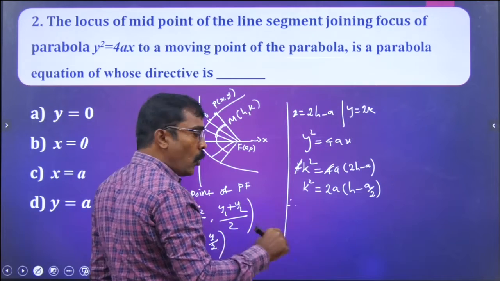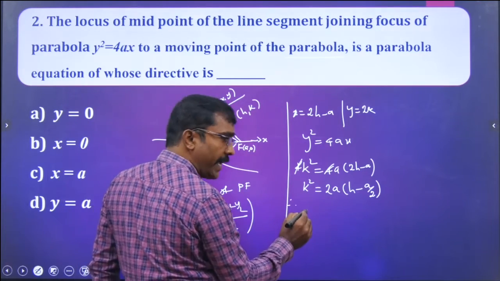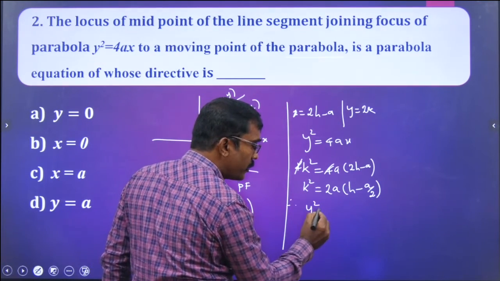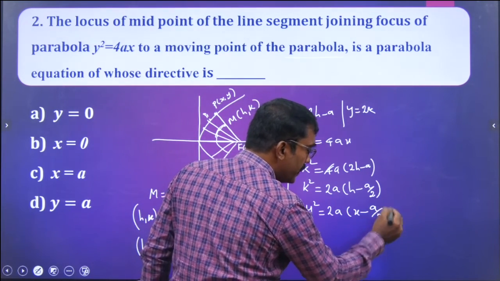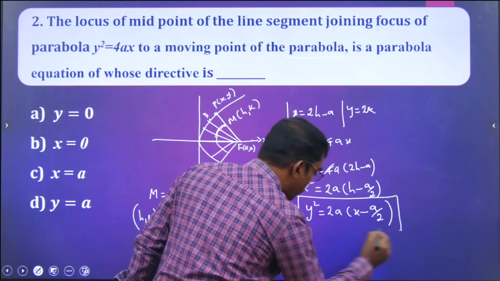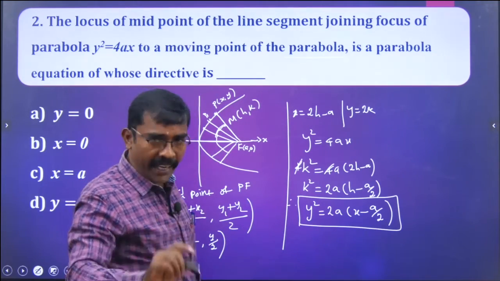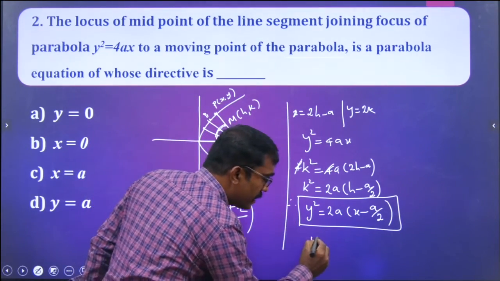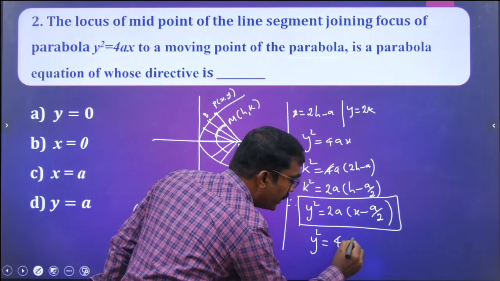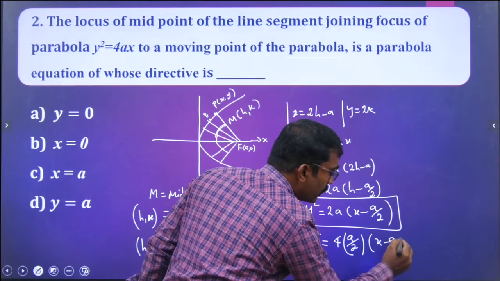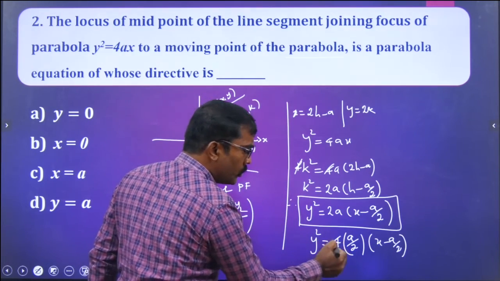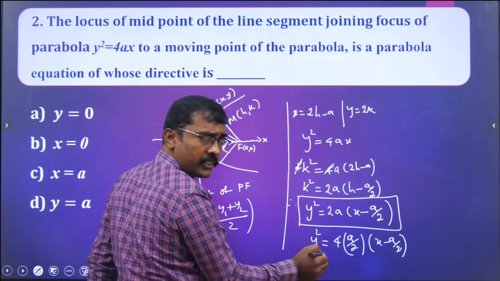Therefore, the locus of M (h, k), with k replaced by y, is y squared equal to 2a into (x minus a by 2). It can be written as y squared equal to 4 into a by 2 into (x minus a by 2), because the 2 cancels to give a by 2.